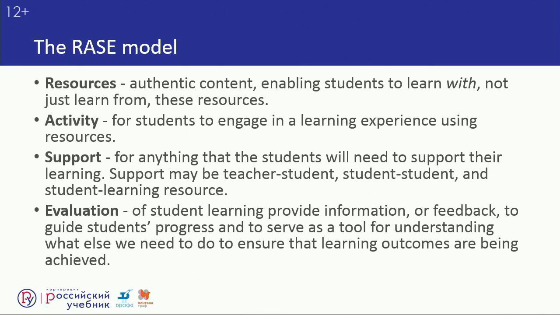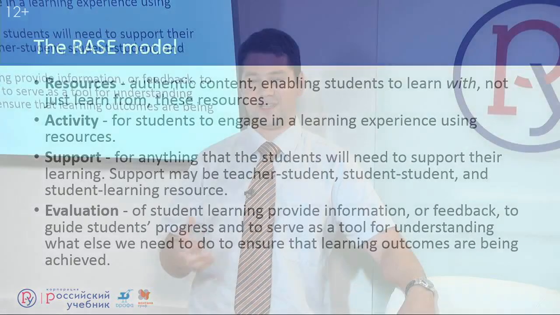Evaluation. That is when we evaluate the learning outcomes and when we ensure that the outcomes are being achieved. What's very important is that evaluation and assessment must be a natural part of any lesson. And I'm not saying that you should give your students a test at the end of each lesson or during the lesson. There are more ways of assessing knowledge and skills.